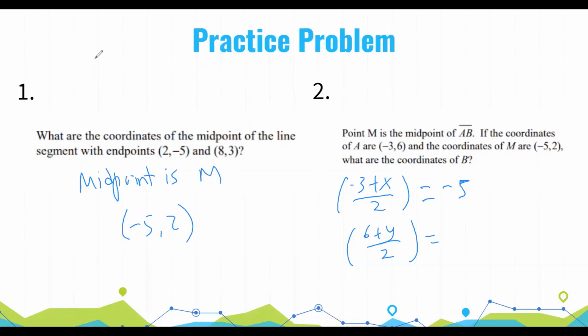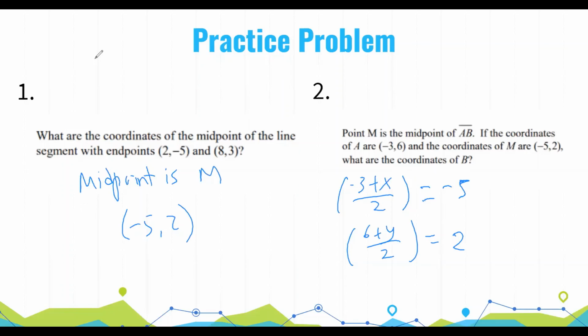I have a question. So we basically split it up, so the -3 is on the first one and then the 6 is on the second one. Yes, because you have to calculate it x value with x value, y with y. Okay, I get it. So basically you see 2 equations now and you try to solve them.